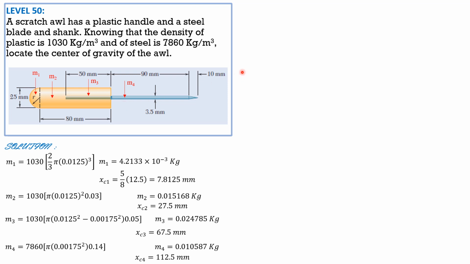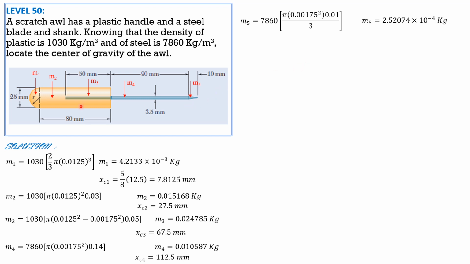Then M5 would be the mass of this pointed conical steel metal, and it is 7860. The volume is pi times 0.00175 squared times 0.01 meter over 3. So M5 is 7860 times pi times radius squared times height 0.01 over 3. So M5 is equal to 2.52074 times 10 to the negative 4 kilogram.